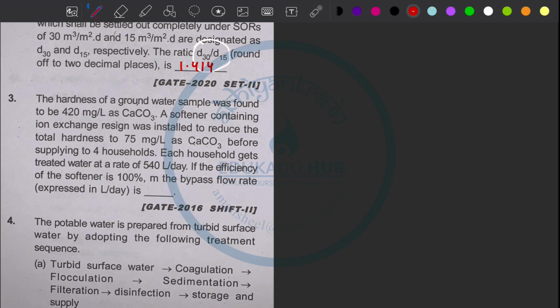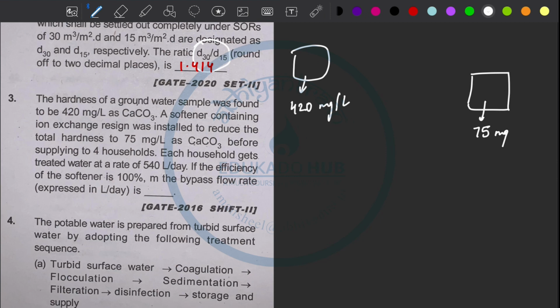See, the question is about a source. From the source, the groundwater sample, we can say it has 420 milligram per liter hardness. We want to supply water, and the final supply should be at 75 milligram per liter.